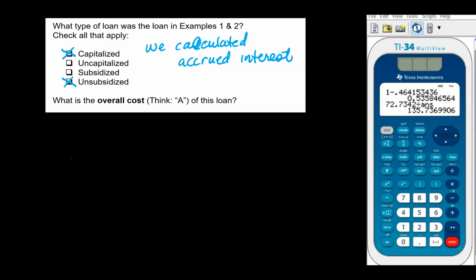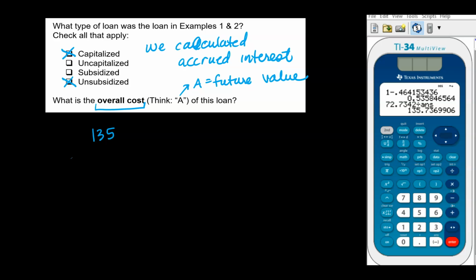And so lastly, we're going to calculate the overall cost. Think A usually means future value. So if you've ever seen future value in other interest equations, that's really what we're thinking here. And so overall cost, we're just going to add up all of the payments that the student made throughout the life of the loan.